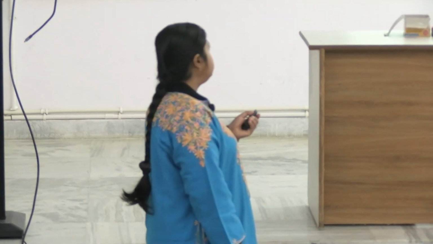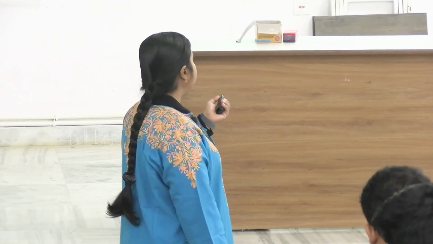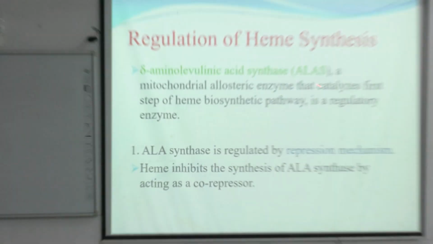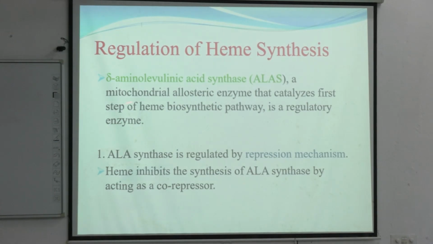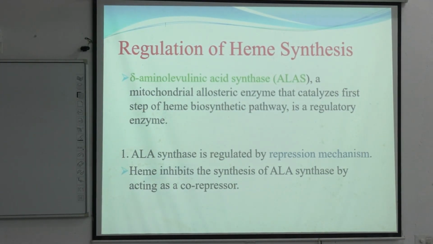Okay. So now we will proceed to the regulation of heme synthesis. So regarding regulation, I already told that the main enzyme is ALA synthase. It is the mitochondrial allosteric enzyme that catalyzes the first step of heme synthesis, the main regulatory rate limiting step. Clear?